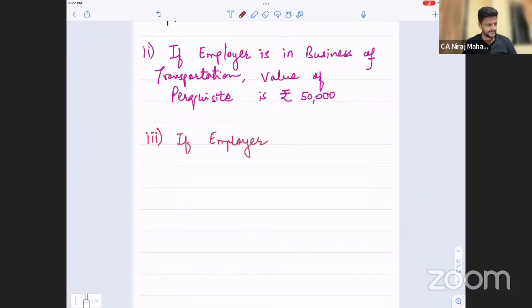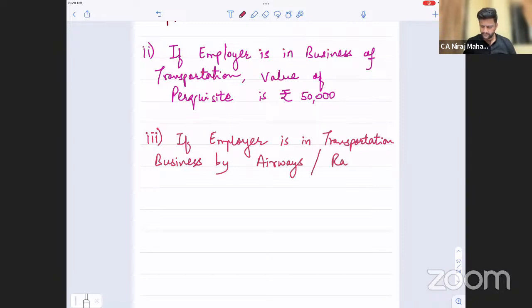If the employer is in the transportation business, by Airways or Railways, the perquisite under rule 36 is not applicable.